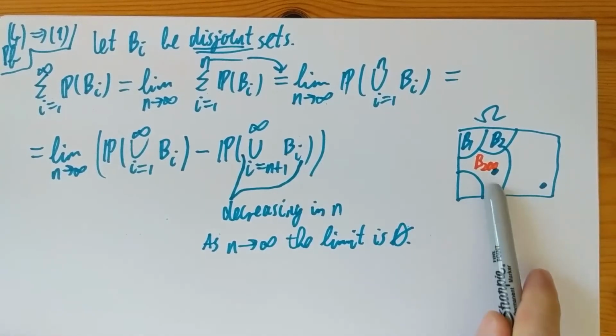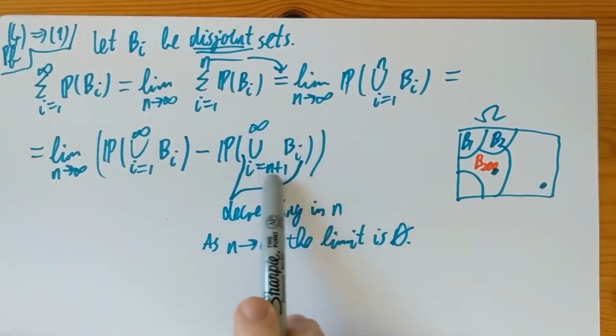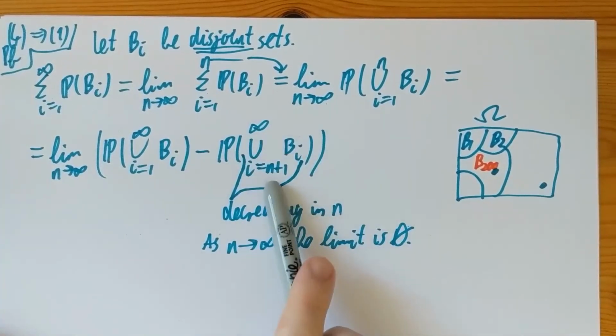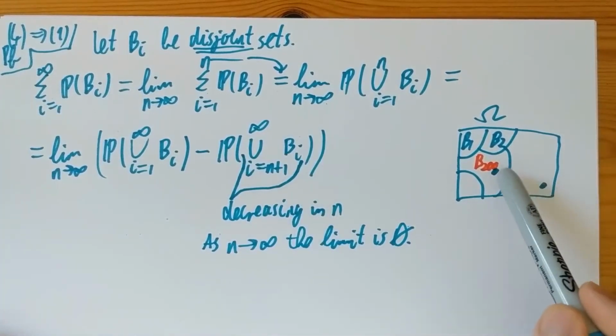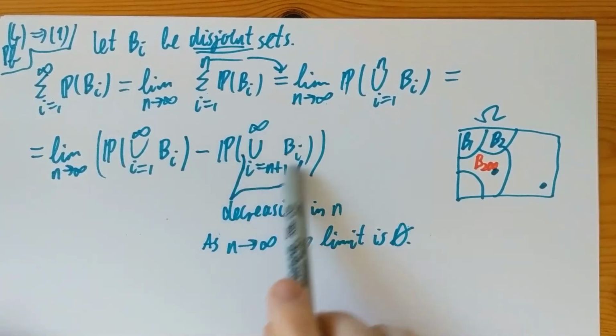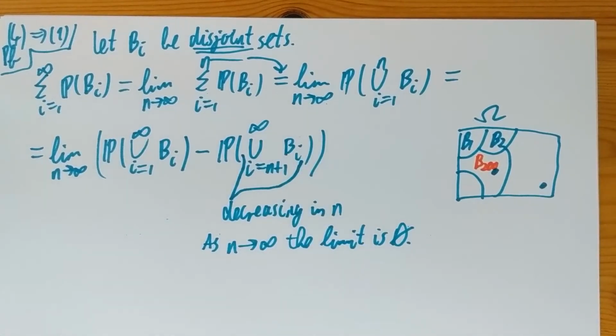So this point will not be in the limit as n goes to infinity, and actually no point will be in that limit as n goes to infinity. Take any point in my sample space, eventually this union goes out from that point. So therefore this decreasing system goes to the empty set. No point can be in this system for large enough n, so in the limit as n goes to infinity.